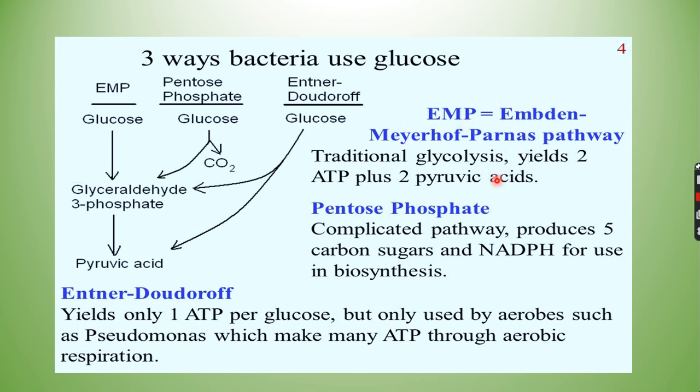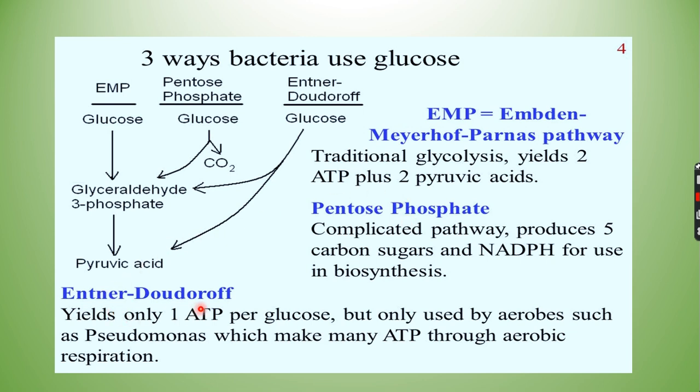One, as I told you, is the EMP pathway, then the HMP pathway, the pentose phosphate pathway, and then the Entner-Doudoroff pathway. From the EMP you get a yield of 2 ATP. In the pentose phosphate pathway, you get the release of 5 carbon sugars along with NADPH, which is very important in the synthesis of nucleic acids, which we'll discuss in detail.